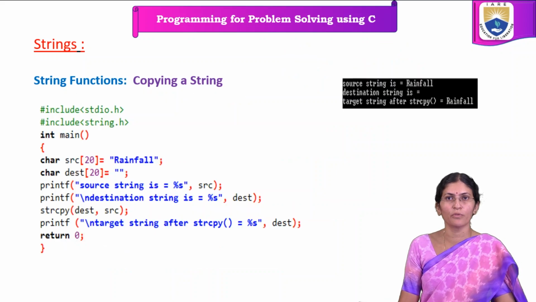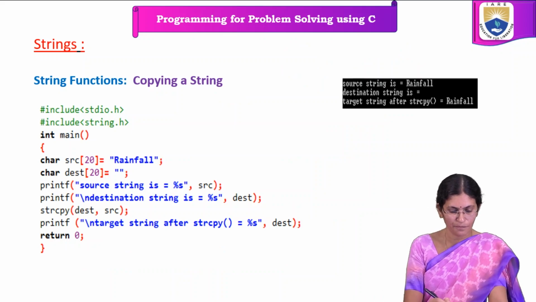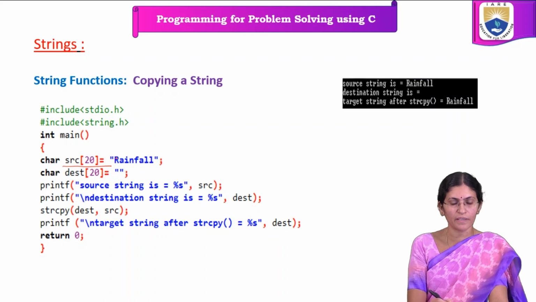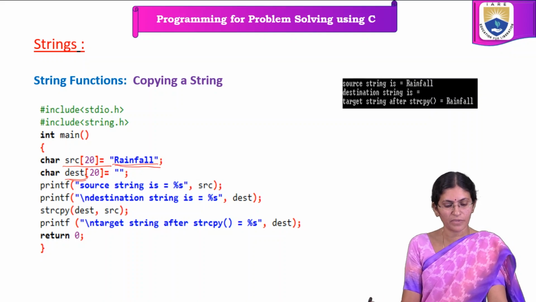Now let us see one program for how to copy a string from the source string to the destination string. This is the source string. We have declared it as a character array and the string is rainfall. So in src we have rainfall. Next, destination string is an empty string.